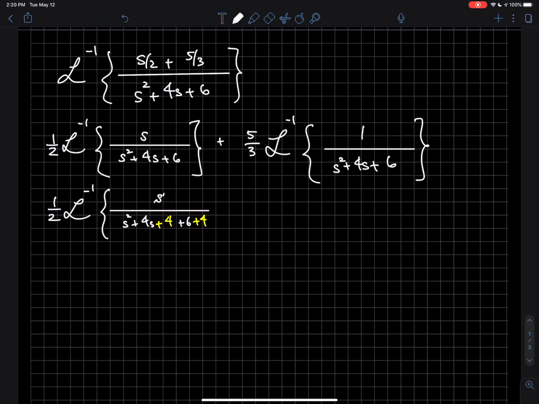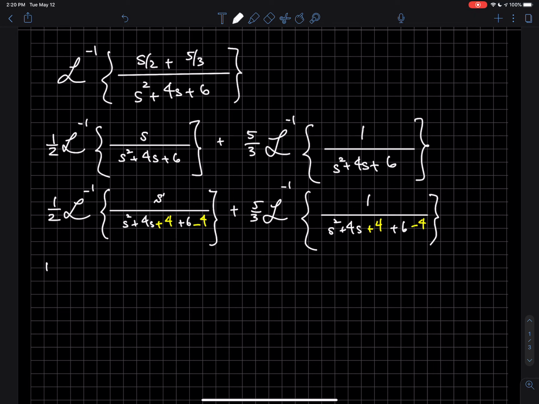Plus 5/3 Laplace inverse of 1 over s squared plus 4s, and same here, plus 4 and minus 4. And I need to adjust that. Sorry, and close parentheses.